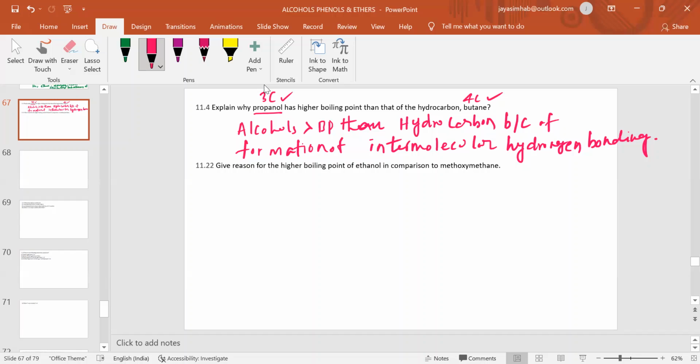So give reason for the higher boiling point of ethanol in comparison to methoxymethane. Ethanol, again the same reason. Ethanol can form intermolecular hydrogen bond.